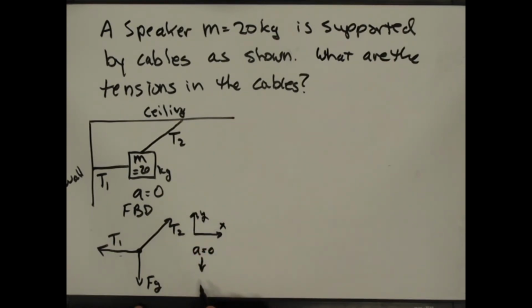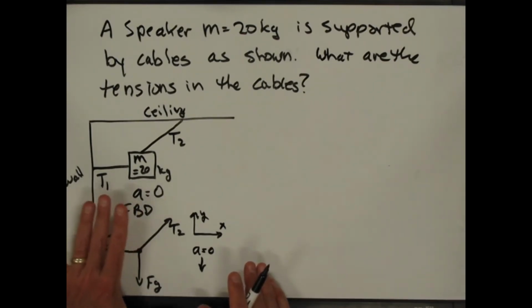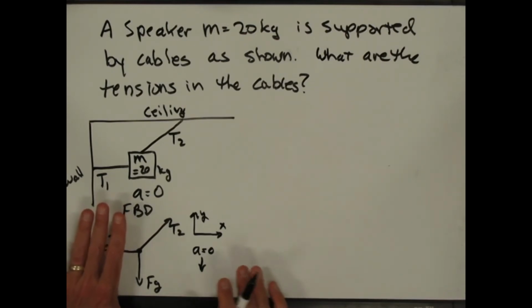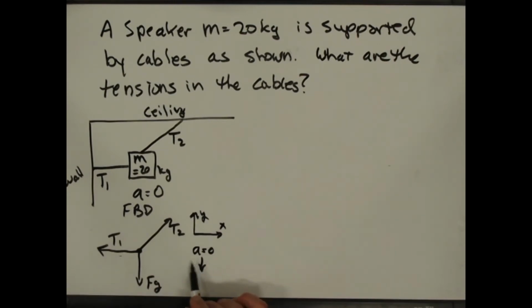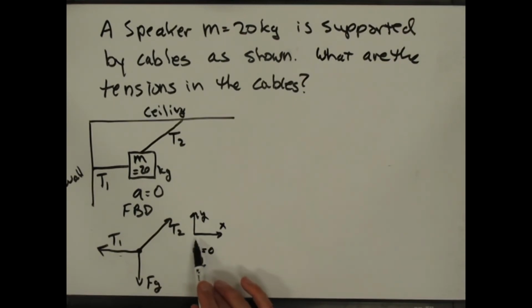Generally, if things aren't moving, you want to pick a coordinate system that's consistent with gravity. If the object is accelerating, then you want to pick a coordinate system that has an axis along the direction of the acceleration. If for some reason this is accelerating at a weird angle, we would rotate our coordinate system. But here, we're just going to use our standard coordinate system.